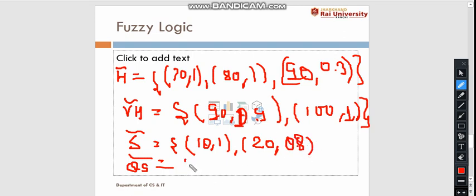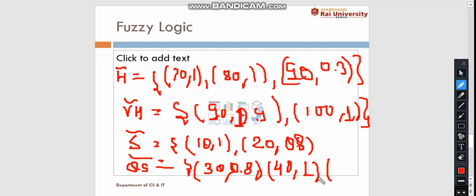And for quite slow, for 30 the fuzzy set value is 0.8, for 40 it is 1, and for 50 it is 0.6. So these are the fuzzy values with the elements of the quite slow set.